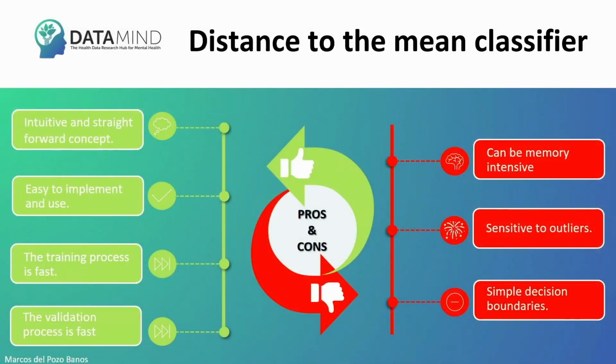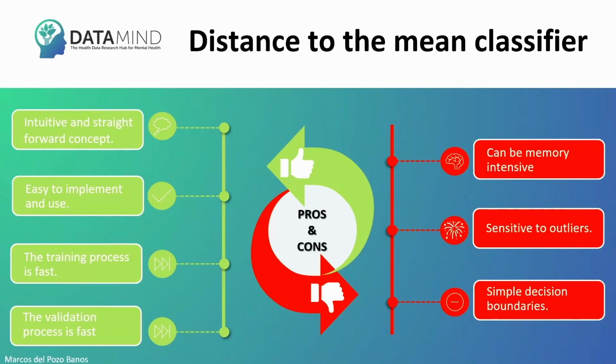So in terms of the advantages and the disadvantages of this classifier, well, it's a very intuitive and straightforward concept. We can think of this as just looking at the stereotype sample for each class and using that stereotype to make our decision on an evaluated sample. It's very easy to implement and to use.